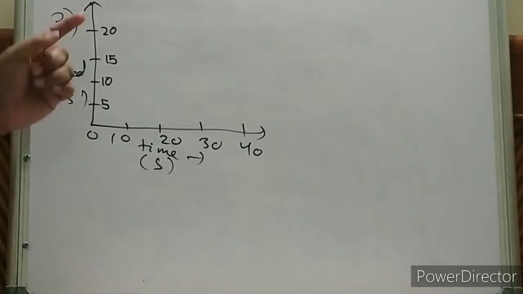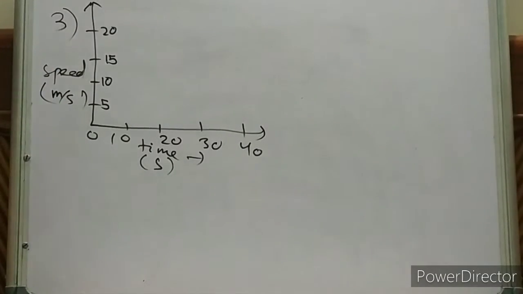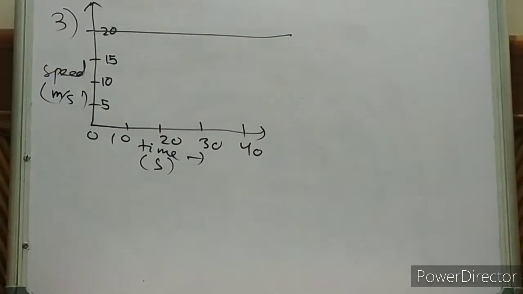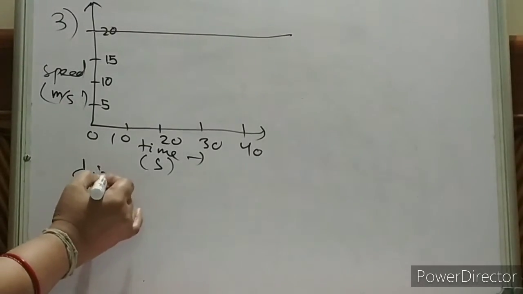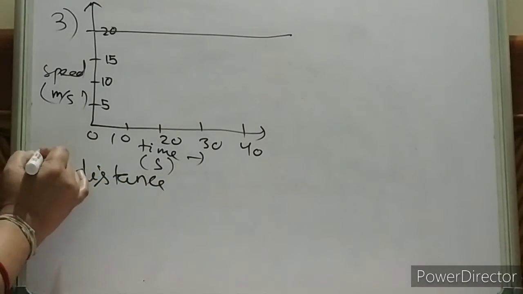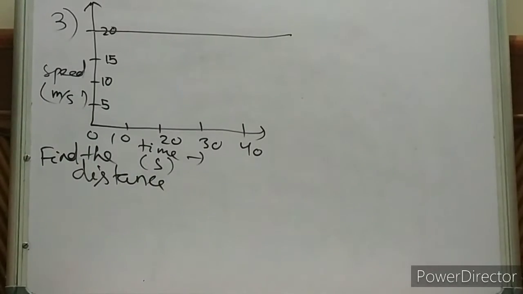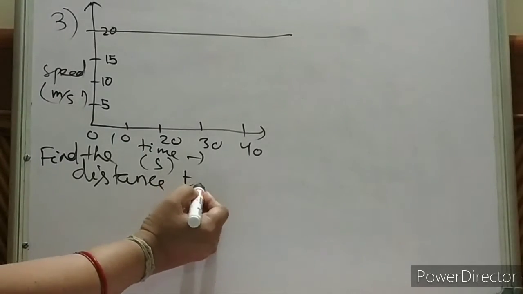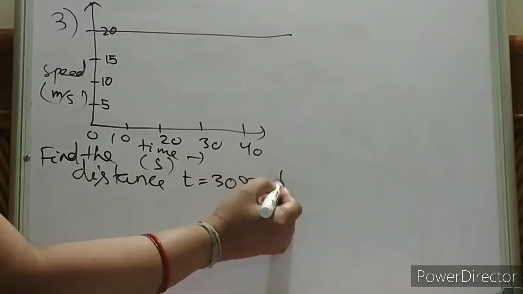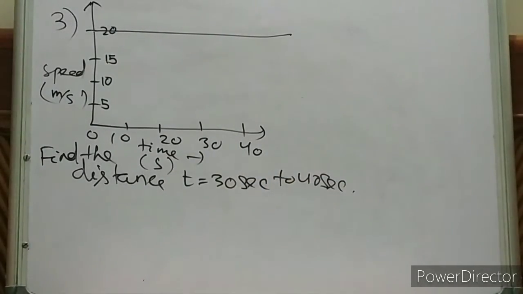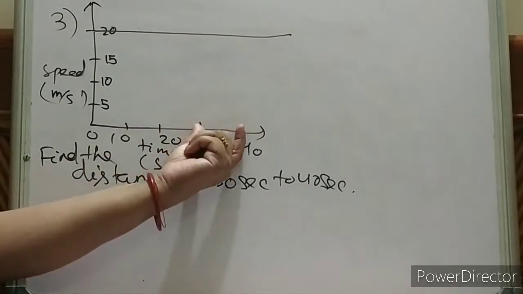Speed 20 meter per second, and a straight line graph is given like this. And the question is that you have to find the distance covered by the object between time t 30 seconds to 40 seconds.